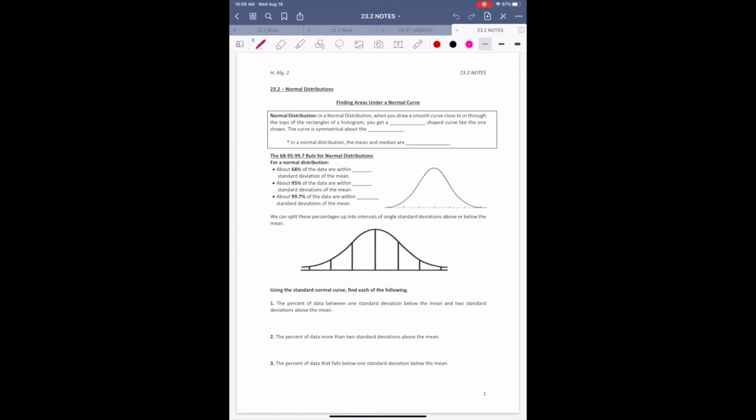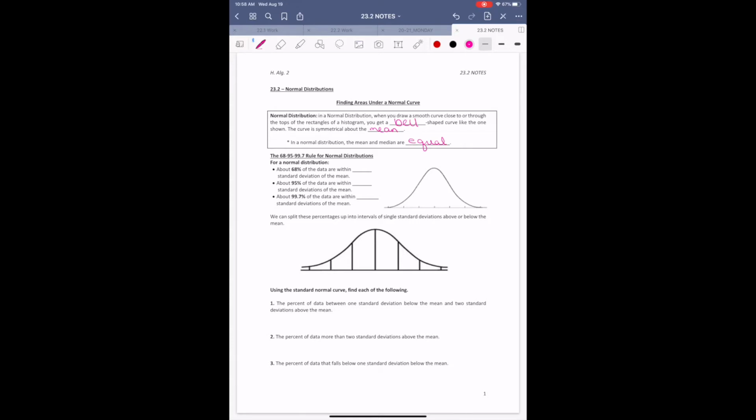A normal distribution is when you draw a smooth curve close to or through the tops of the rectangles of a histogram, which means you get a bell-shaped curve like the one shown. The curve is symmetrical about the mean. In a normal distribution, the mean and the median will always be equal, okay?